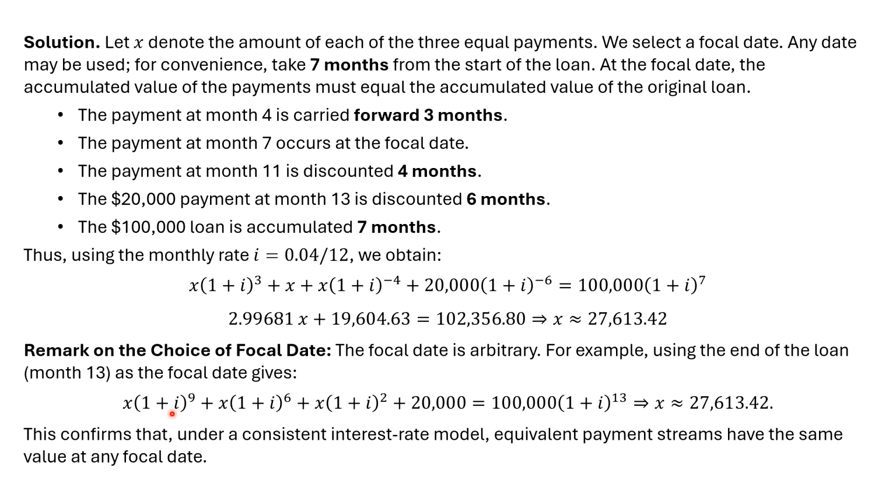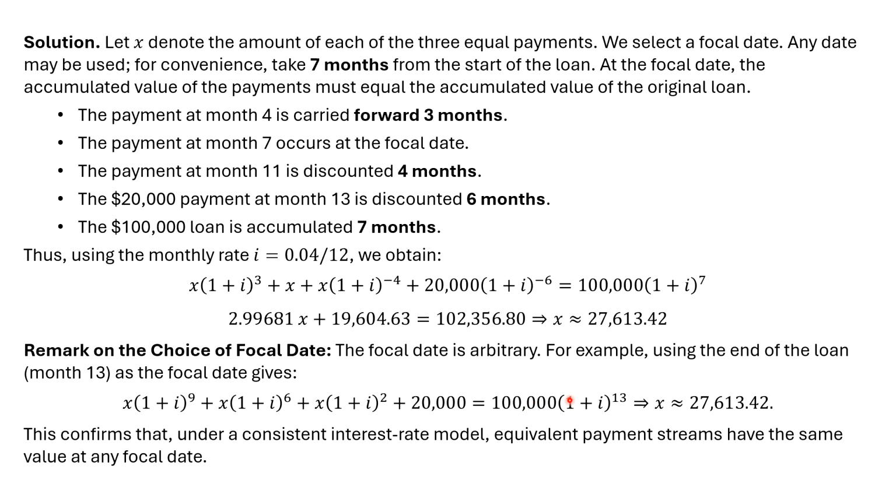In that case, the first payment is 9 months late, so you have (1 plus i) to the 9th power times X. Then the second payment is 6 months late, so you have a 6 here. The third payment, 11, is 2 months late, and then the 20,000 is on time, so we just add that in directly. Then you compute this, and you get some value times X plus 20,000.